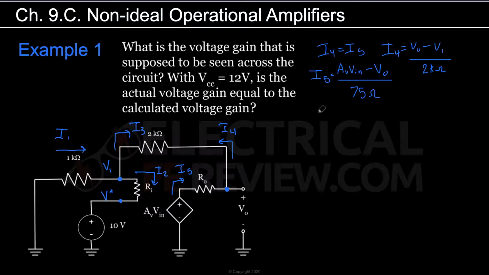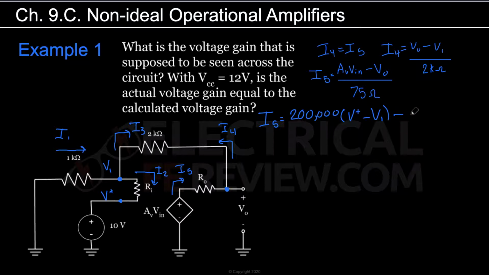Okay, so now we have our equations here, and we're actually going to simplify I5 real quick. So we know that A V is going to be 200 volts per millivolt, or we can treat that as 200,000. So we can say that I5 is going to be equal to 200,000 times, and Vin is actually going to be the voltage across our input, so that's going to be V plus minus V1.